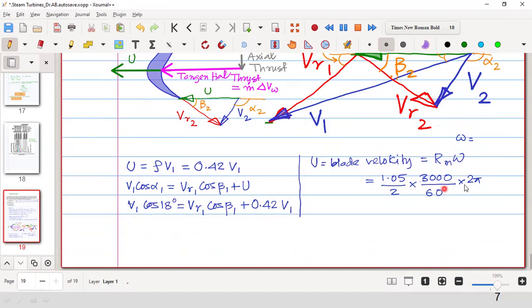So that can be calculated, and U is equal to, you can see that this is 50 and this 2 and this 2 will cancel.